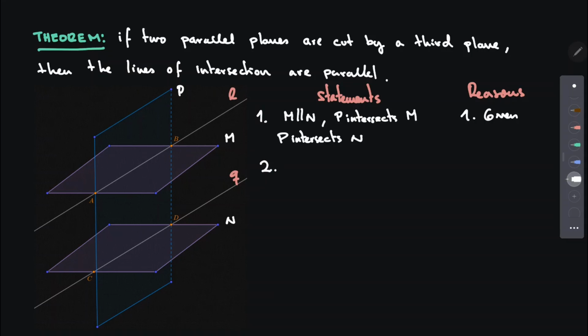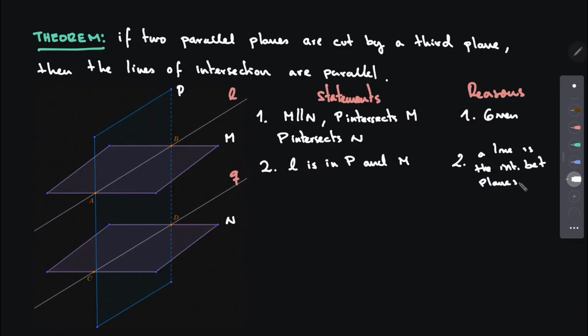Okay, number two. We know by a postulate that the intersection between two planes is a line. So we know that line AB, or line L, that is the same thing, also exists, right? So line L is in P and also in M. Look at right here, it's in M and P. So this is by a postulate that says that a line is the intersection between planes.